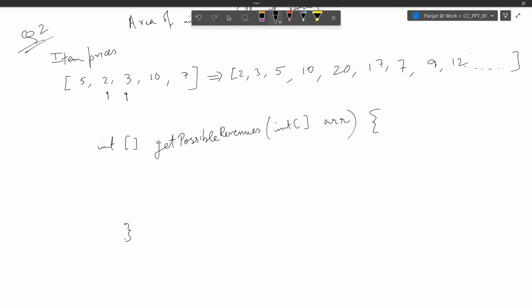The input array is for the prices, and the output array is basically some combination of the prices themselves. So how do you solve it? Everyone got the question?